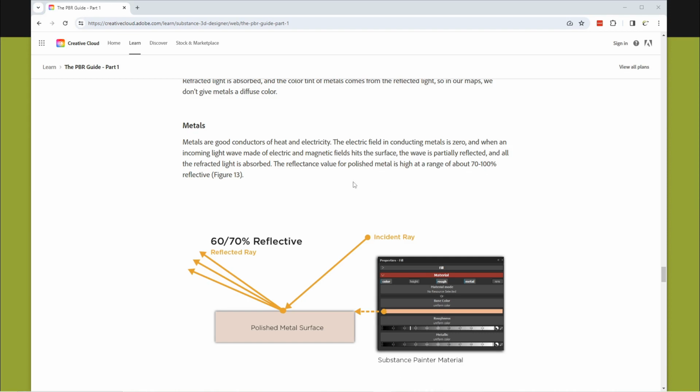So the incident ray comes in, and anything that enters the surface of the metal is completely absorbed. There's nothing being refracted, scattered and re-emitted. Everything is a reflective ray that you see in a metal.